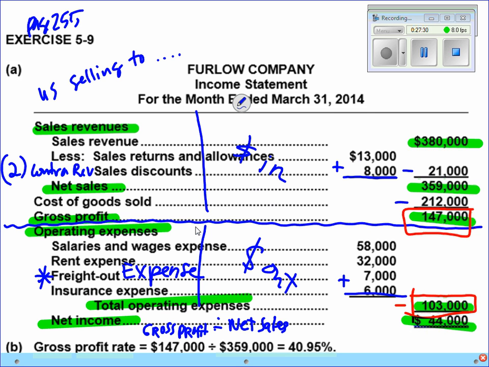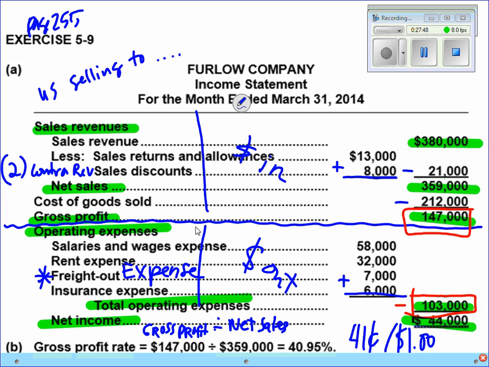In dollars and cents terms, we're making about 41 cents for every $1 sold. Is that pretty good? Really good.